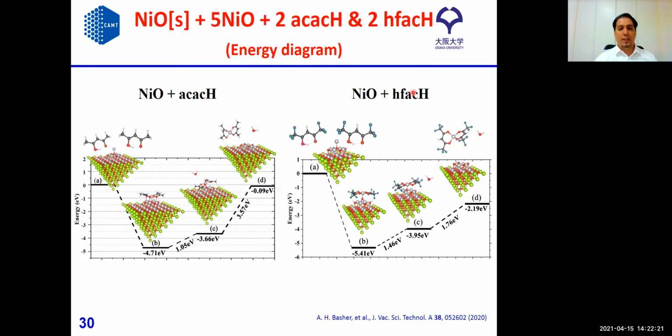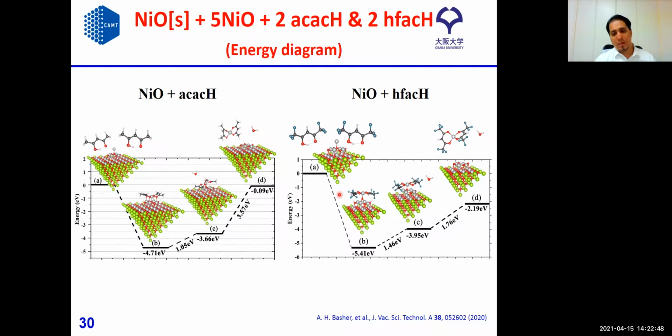So we now want to compare these results with our previous results that we obtained with hfacH, the other beta diketone molecule. The main difference here, as you can see, is that with hfacH, the needed energy is much lower than the energy needed to remove the nickel complex that is formed by acacH.